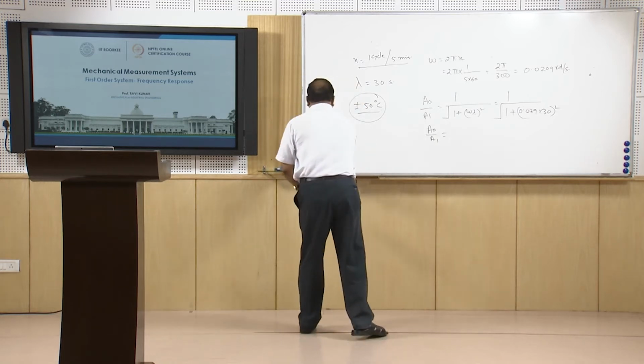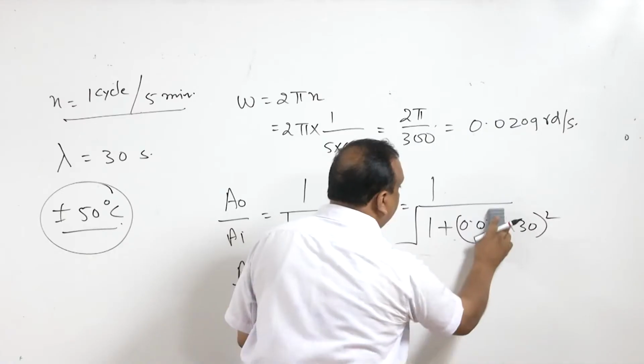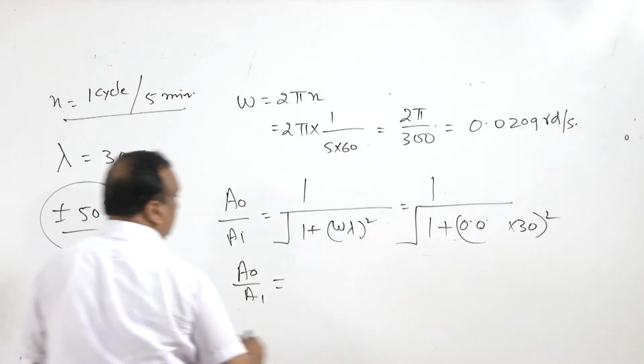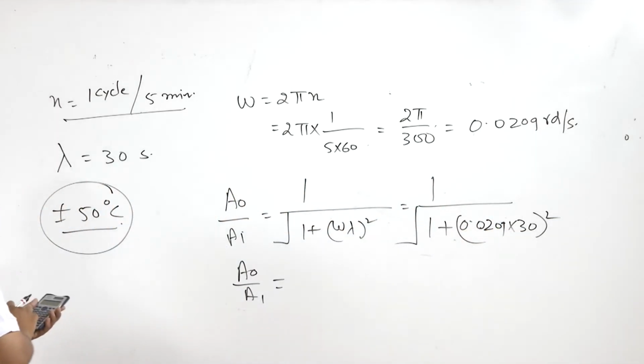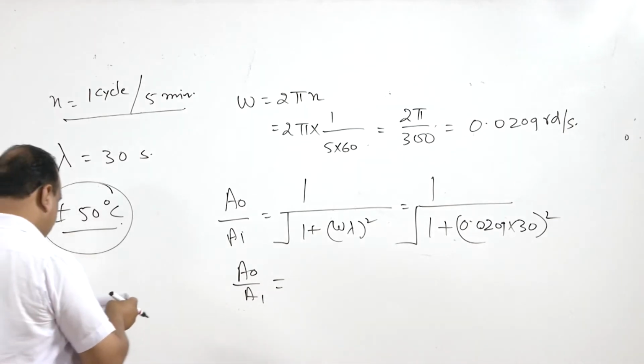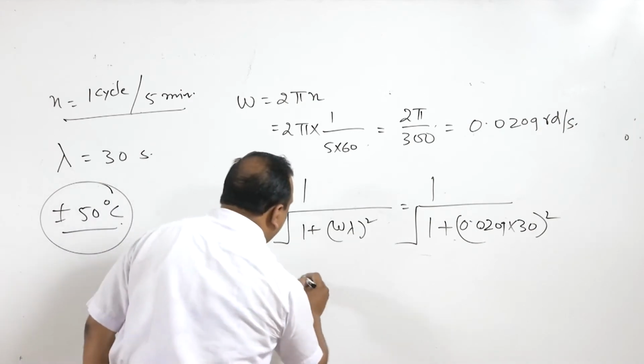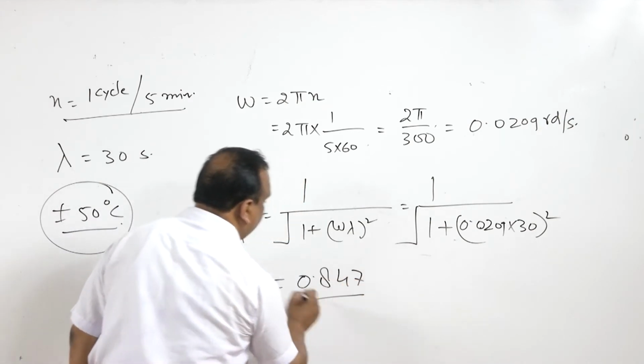This is not 0.029, it is 0.0209. So 1 by under root of (0.0209 into 30) square plus 1, that is 1 by 1.5, which is 0.847.